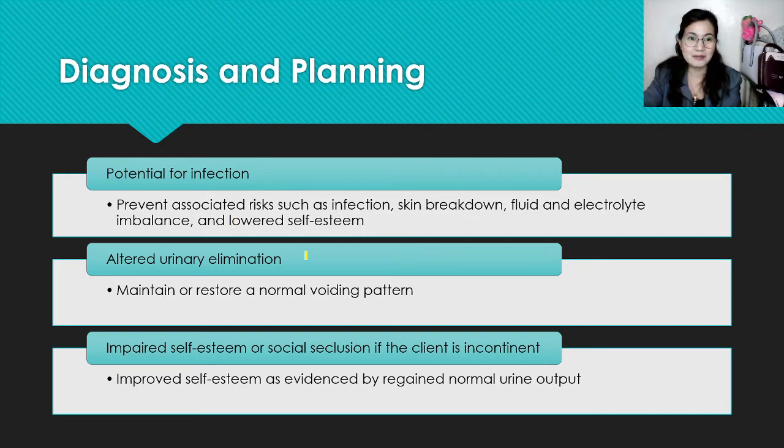For altered urinary elimination, the outcome is to maintain or restore a normal voiding pattern. And for impaired self-esteem or social seclusion if the client is incontinent, the outcome that we look forward to is improved self-esteem as evidenced by regained normal urine output.